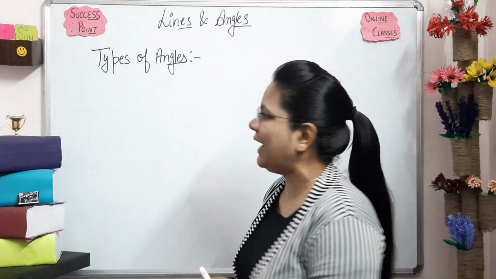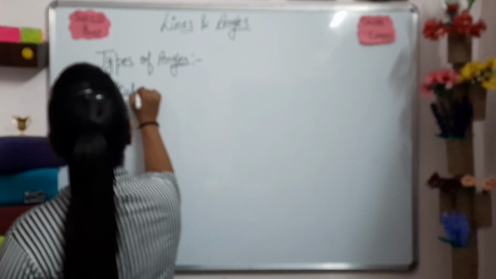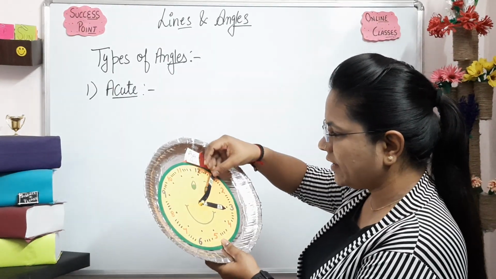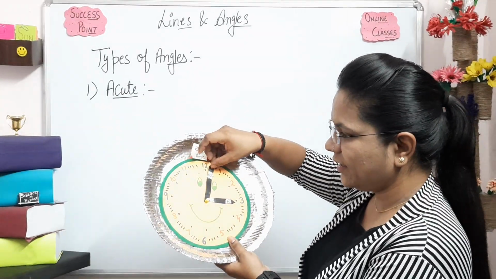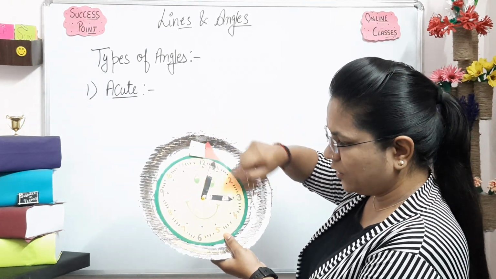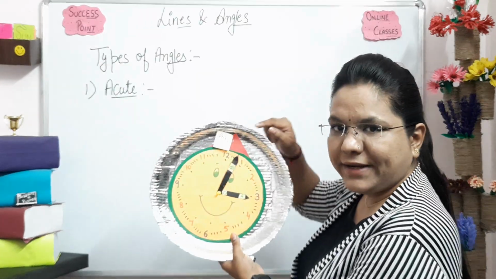The first type of angle we have is the acute angle. Acute angle means whenever we get values smaller than 90 degrees, lesser than 90 degrees. This is 90 degrees. If we get a value less than that, like AOB, can we say this angle is a right angle?